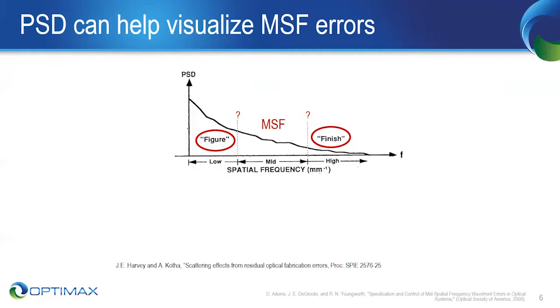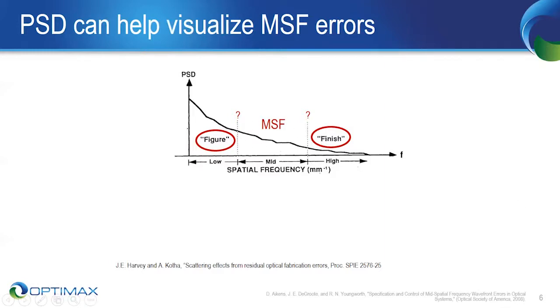It's a really great tool for helping to visualize these mid-spatial frequency errors. When you're looking at a PSD plot, and I've mentioned the terms figure and finish already, you see your low spatial frequency, which is what we normally think of as your irregularity. You have your surface finish, which we think of as your surface texture. And then what's in the middle is your mid-spatial frequency error.